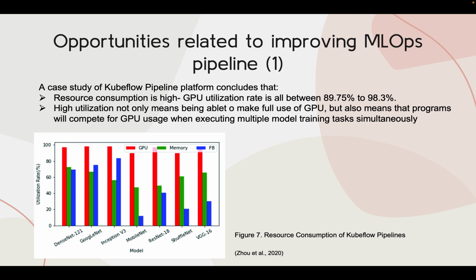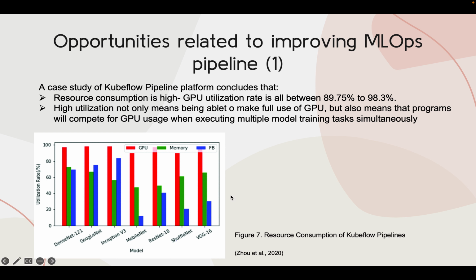Opportunities related to improving MLOps pipeline. For sure, there are definitely areas of improvement for SageMaker or AWS Cloud in general. A research paper by Joe and colleagues investigated the computing resources utilization information during the execution of Kubeflow pipelines.